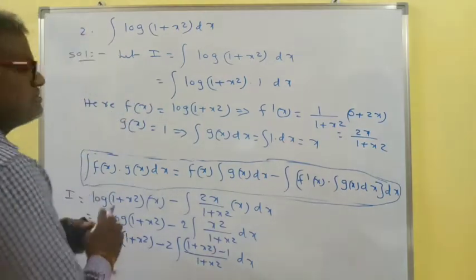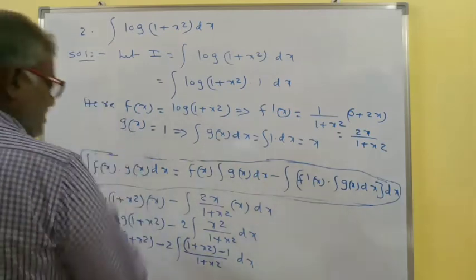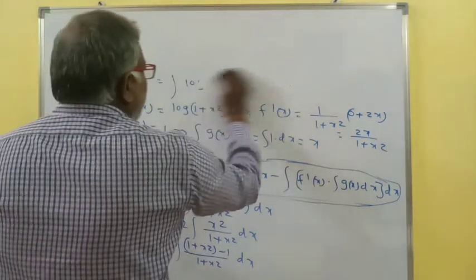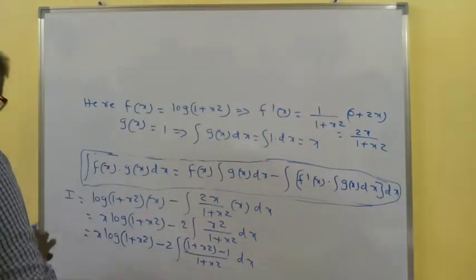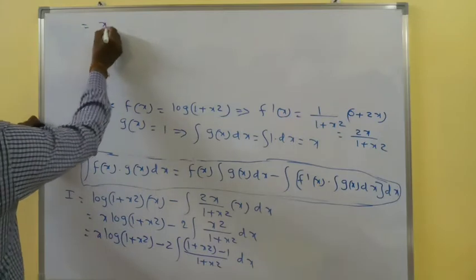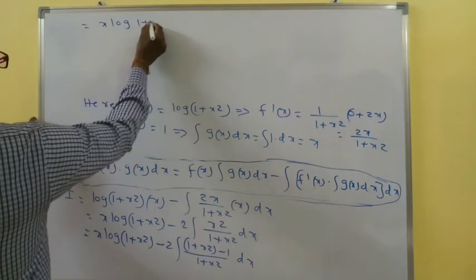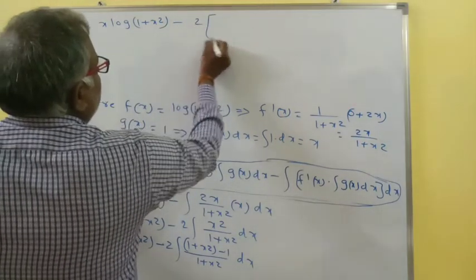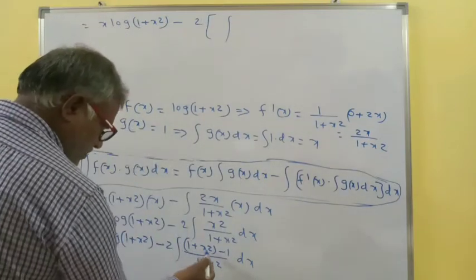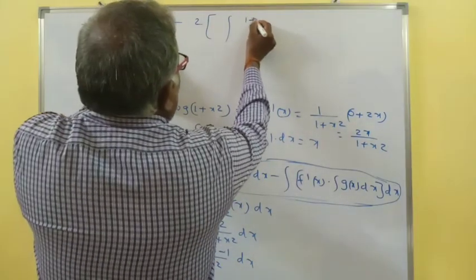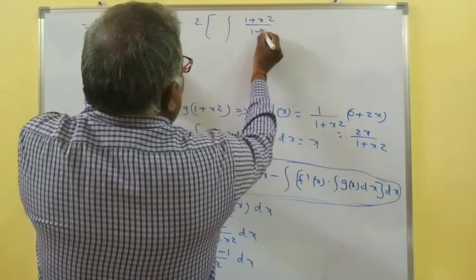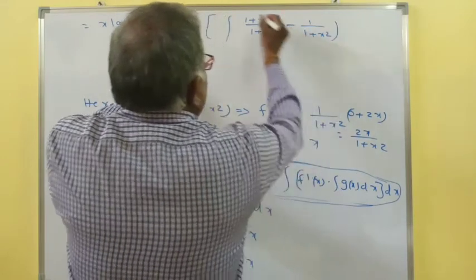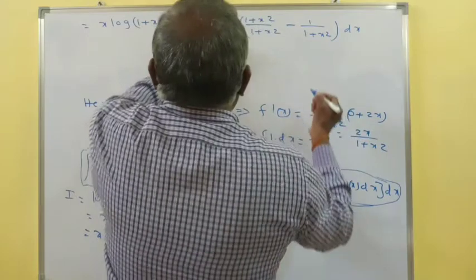If you separate these two, what will you get? x into log of 1 plus x square minus 2 into the integral of 1 plus x square by 1 plus x square minus 1 by 1 plus x square dx.